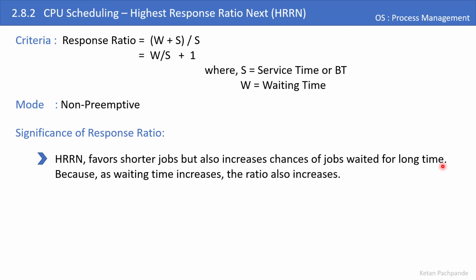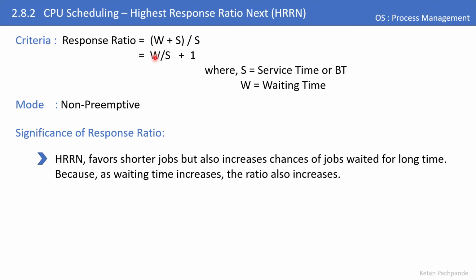On the other hand, other jobs which have waited for a longer duration of time, as their waiting time increases, they are given the favor. Why? Because if you look at the response ratio, the waiting time is in the numerator.